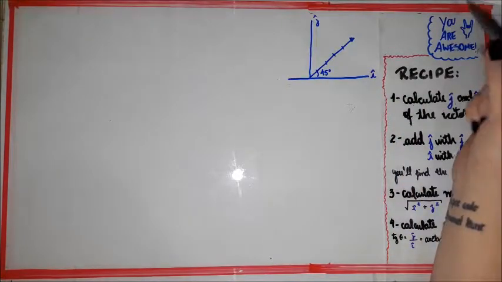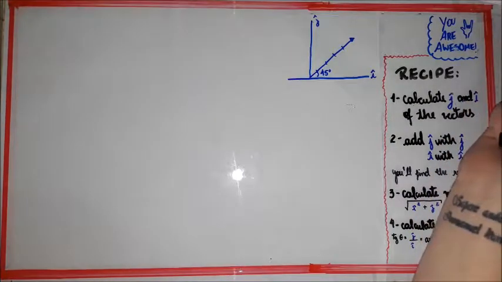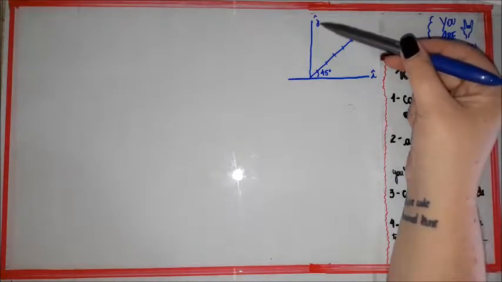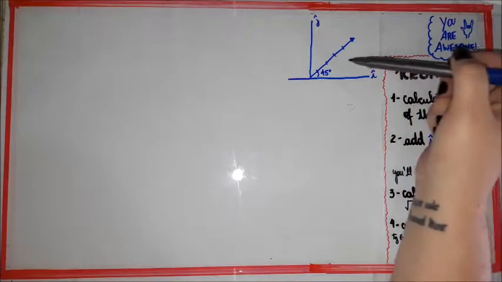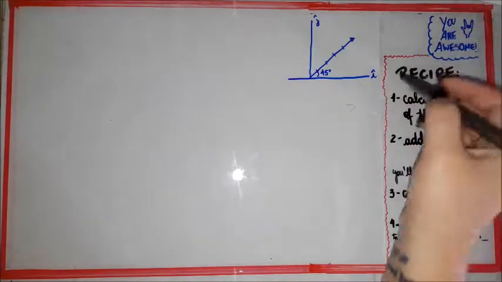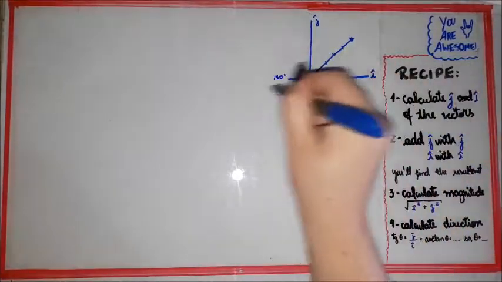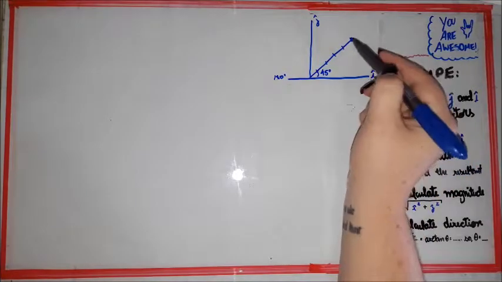The second vector, the B vector, has direction 180 degrees. So we're not going to see its j hat part, only the i hat part, because, as you know, here is 180 degrees. So we're going to see this vector pointing here.